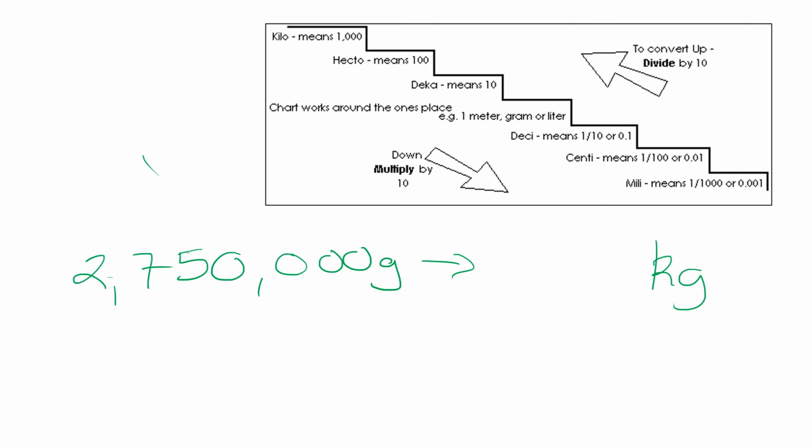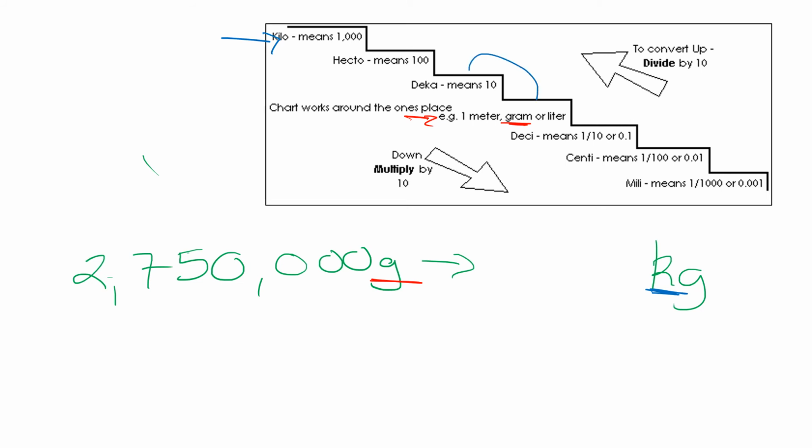Well, again, where are we starting? We're starting with grams, which is our base unit right here. Where are we ending? We're converting to kilograms, which is this position right here, up at the top. So we're going from grams to kilograms. Again, how many steps and in what direction?